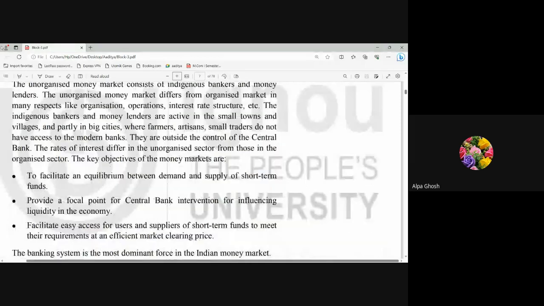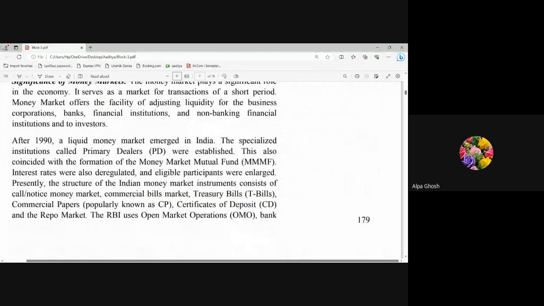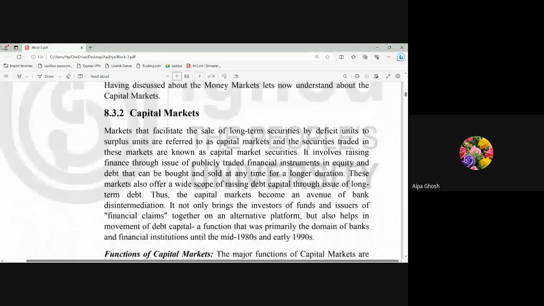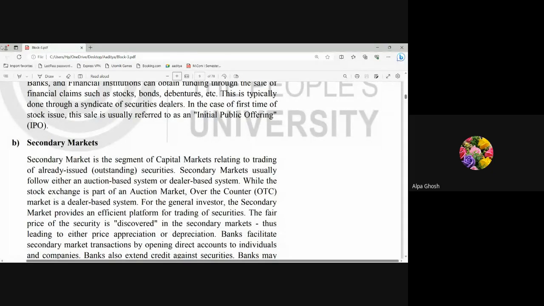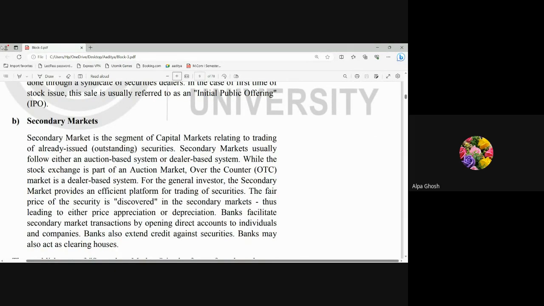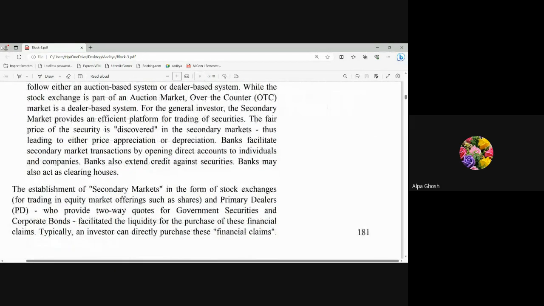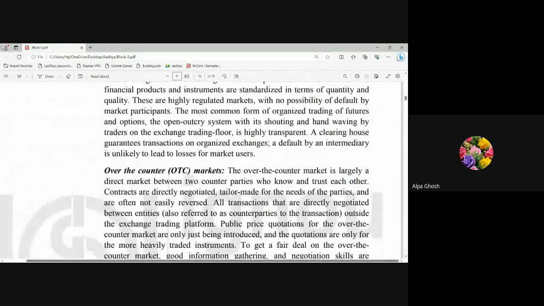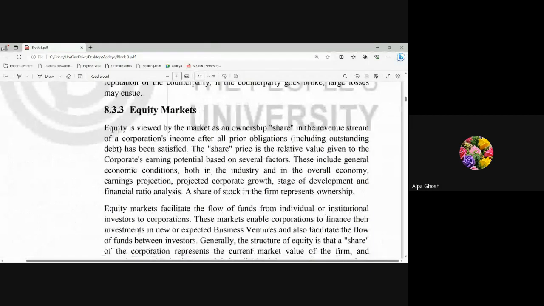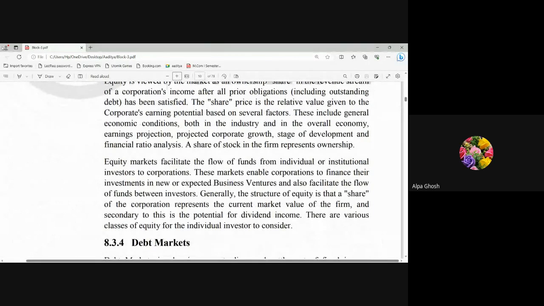This is all I explained. What is money market, short-term market, capital market, long-term market, primary market, where first time the shares are issued, it is known as initial public offer. Secondary market is your stock exchange. Equity market is a market for equity shares.